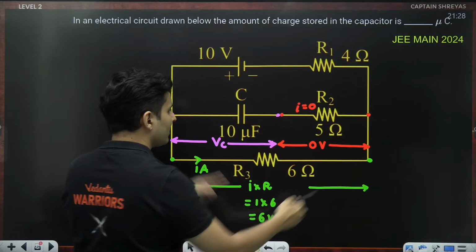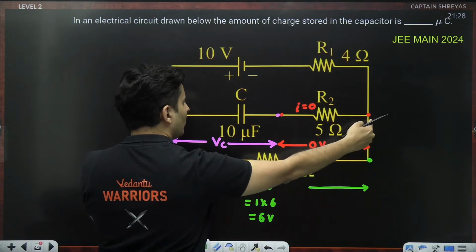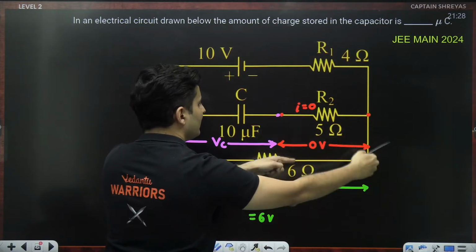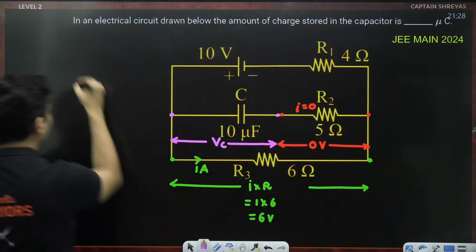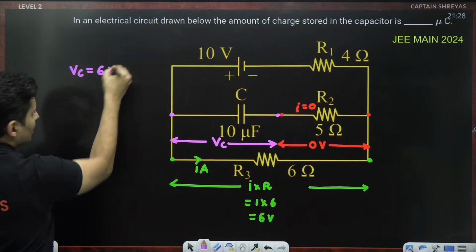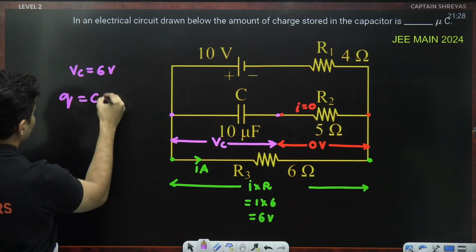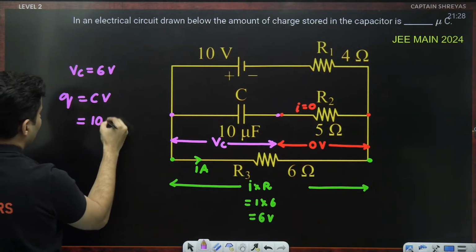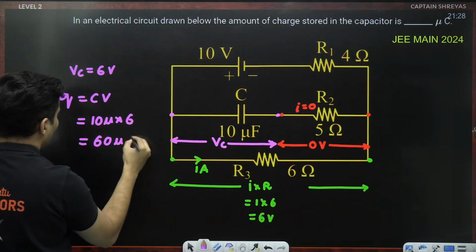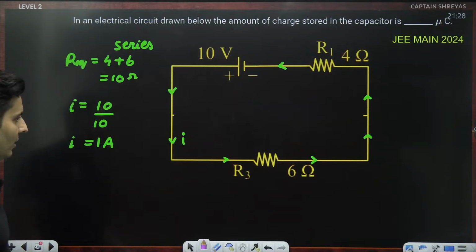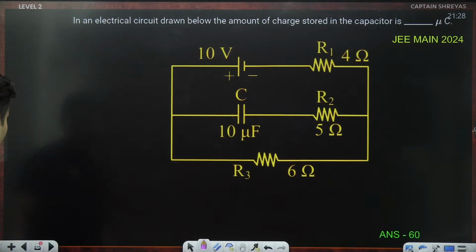So 6 volts is across this, which is also across this. But since this is 0, hence it is also across this. Hence, what do I get? Vc is 6 volts. Hence, the charge stored, which is C into V, capacitance is 10 micro, voltage is basically 6. So it is 60 micro coulomb. That is the charge. Let's find out whether it is correct or wrong. Yes, that's the answer.